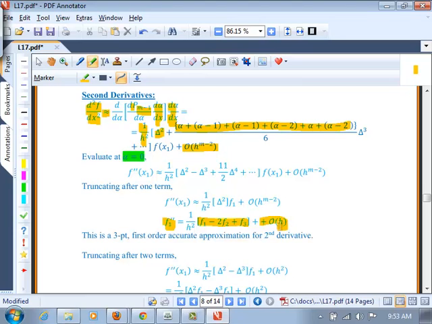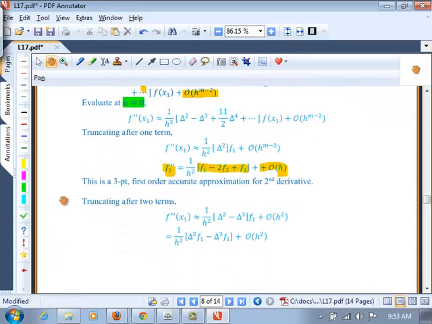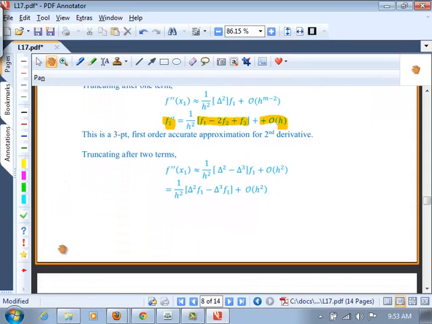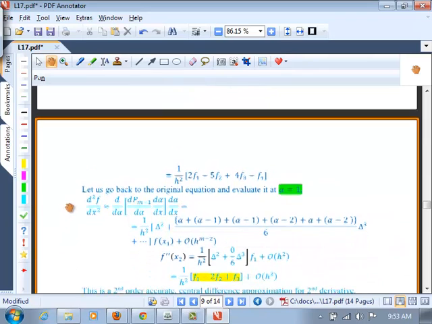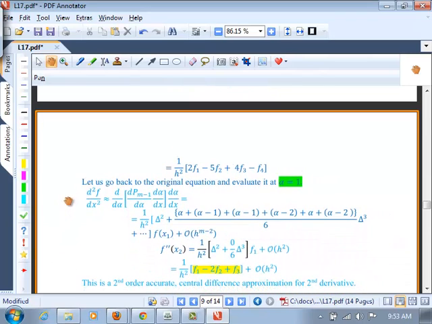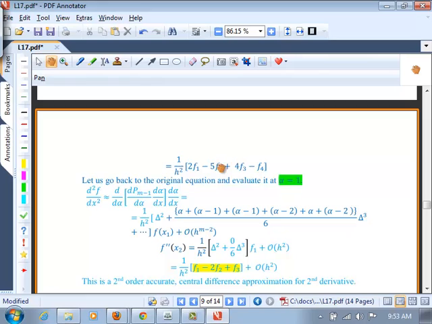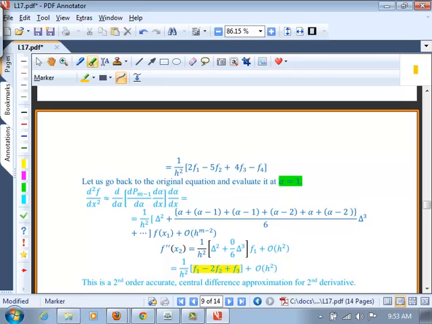But if you put alpha equal to 1, you are calculating it at a different location. Once again you can do 2-point, 3-point, etc. But this one is an important one. It's a central difference approximation of order h squared for the second derivative at x2, the reference point.